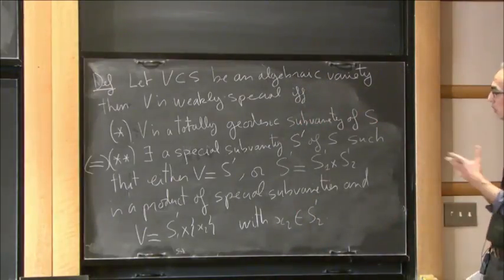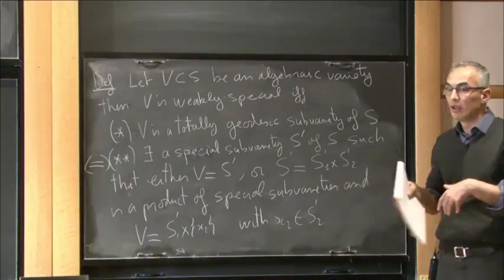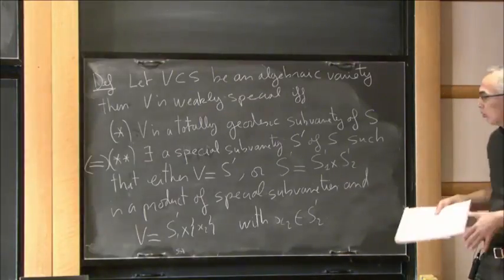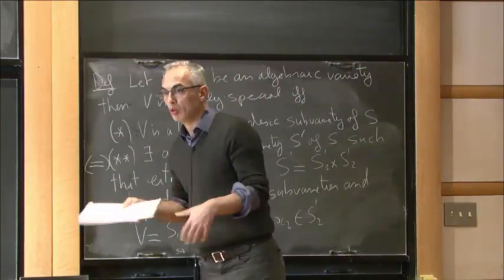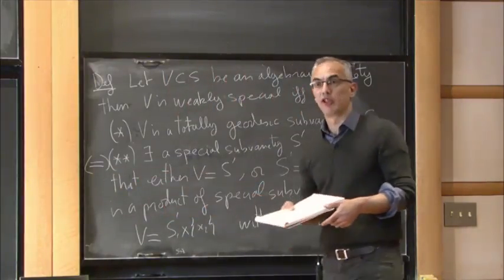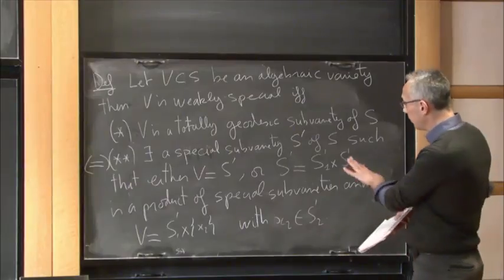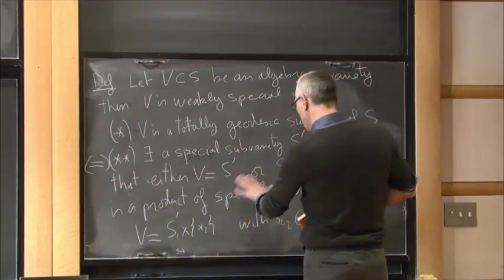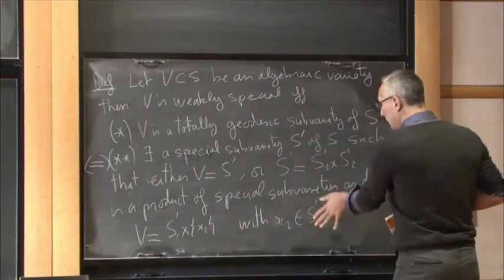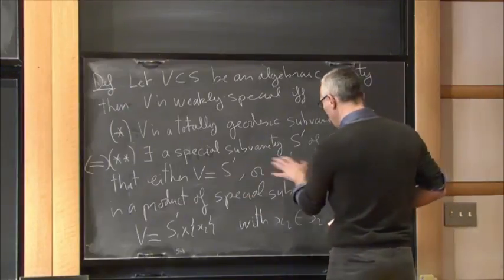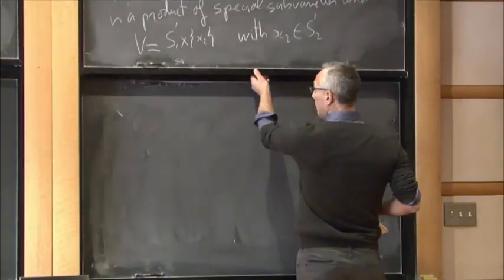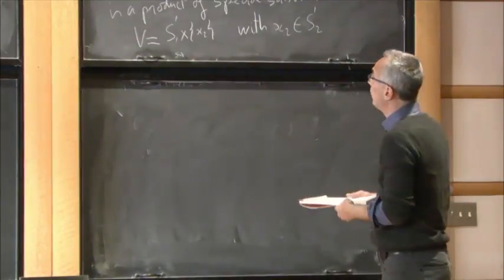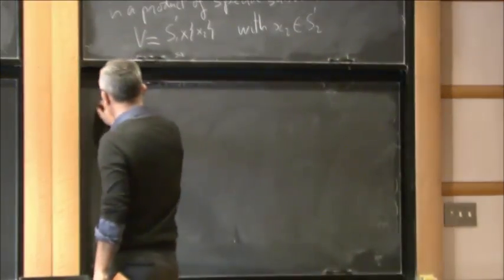So it's almost a special subvariety associated to a subgroup of G_Q and a sub-Hermitian symmetric space, except that you can have this kind of odd situation of a product. And so this is equivalent.